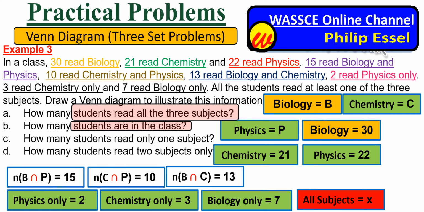And let's remember that this is the same as the total number of people in the universal set. So n universal will be equal to y. So now that we have the most important information from the question, let's move them to a fresh page and use them to solve our problem.